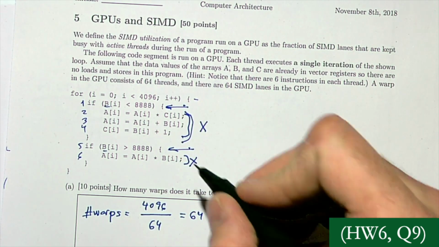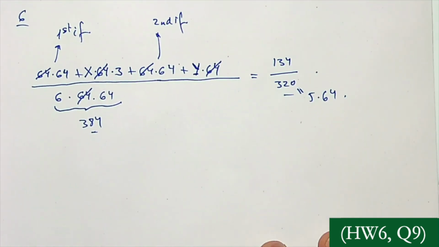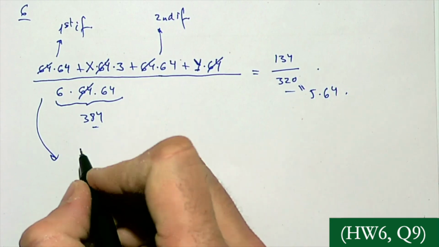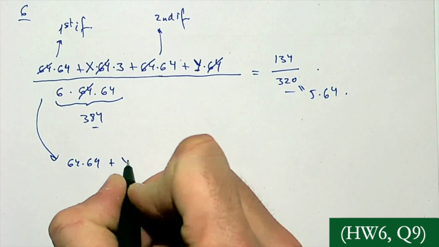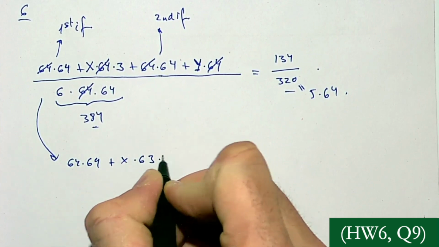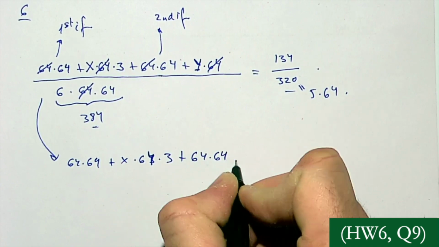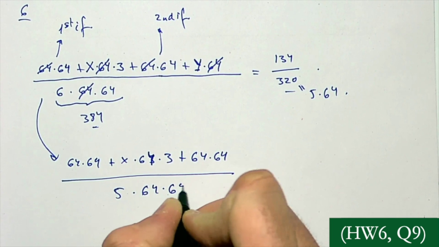Oh, sorry. Okay? The number of threads that execute these 3. So what I need to do here is to somehow rewrite this expression for only 5 instructions. This is 64 times 3 plus 64 times 64 divided by 5, 64 times 64.